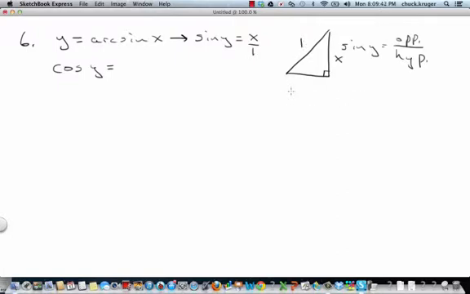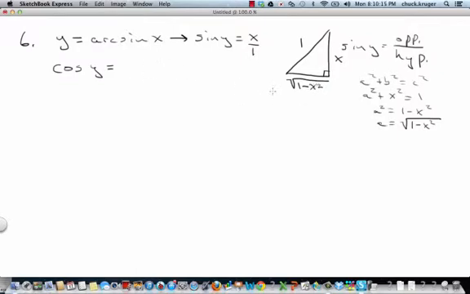And then using the Pythagorean theorem, which would mean that a squared plus b squared is equal to c squared, and so I'd have a squared plus x squared is equal to 1 squared, or 1, and a squared would equal 1 minus x squared, and that would mean a is equal to, and I'm going to choose a positive square root of 1 minus x squared since I'm talking about a length. That's this distance right here, 1 minus x squared.